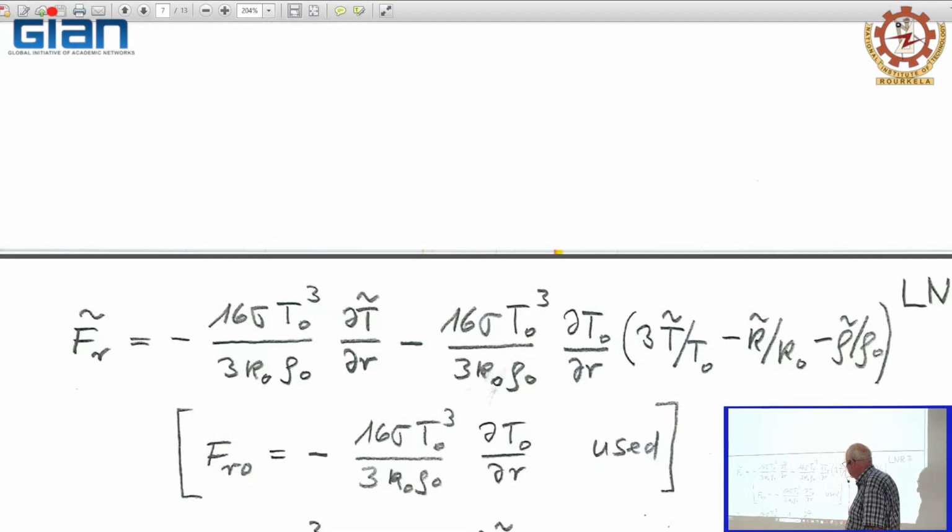To account for the background flux and the background temperature gradient, we have a special equation which needs to be satisfied separately.